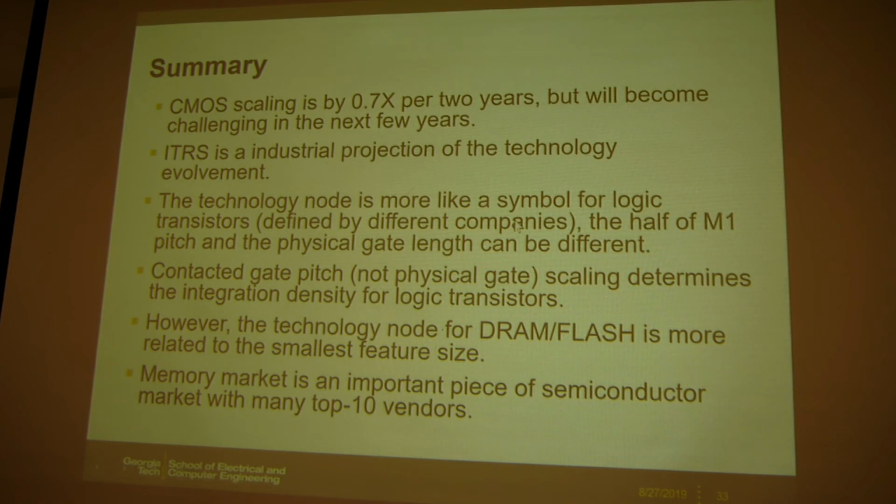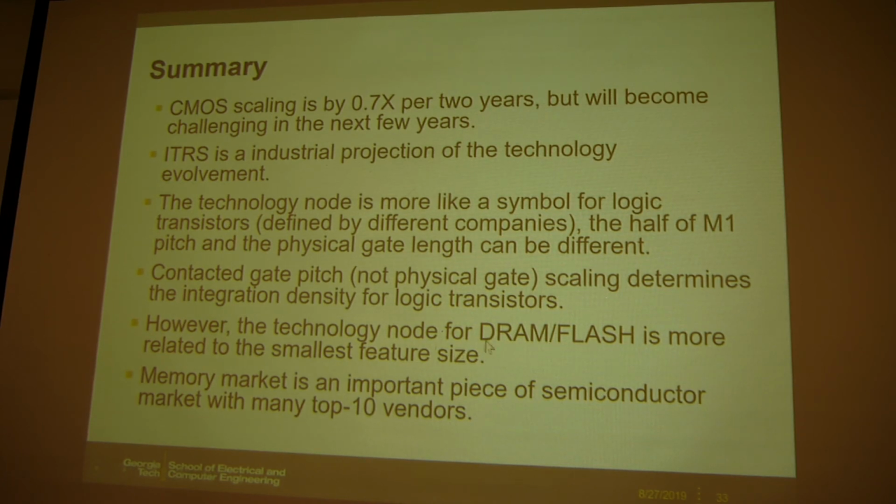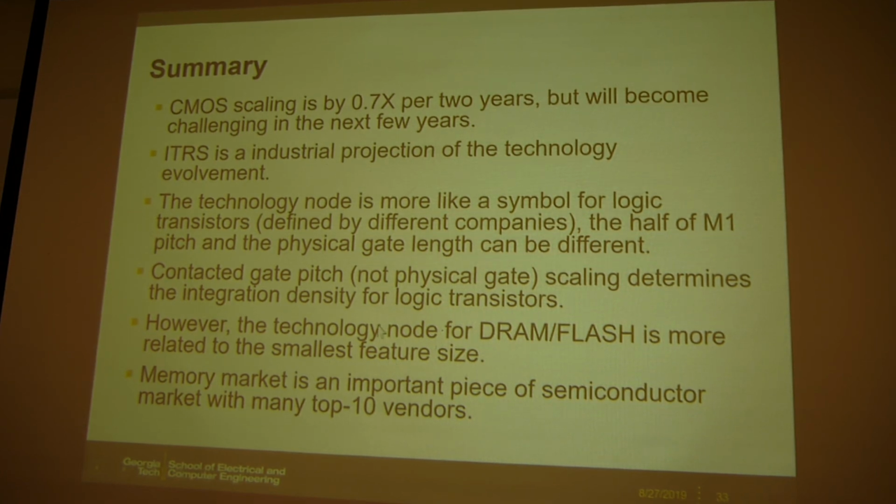Now it becomes just a symbol. But what really determines the density of the transistor is the contacted gate pitch, and this one is still scaling well. And for memory, like DRAM or flash, the technology node really means the smallest feature size.